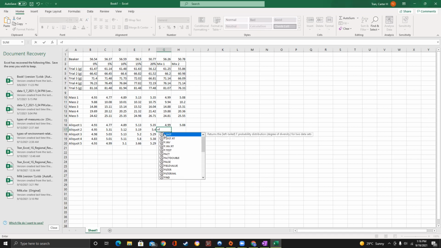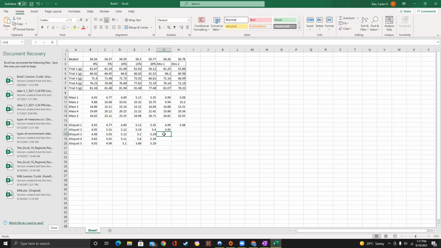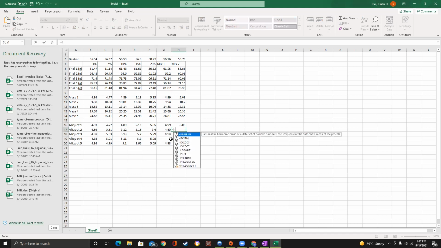G5 minus G2 minus G10. Then equals H5 minus H2 minus H10.